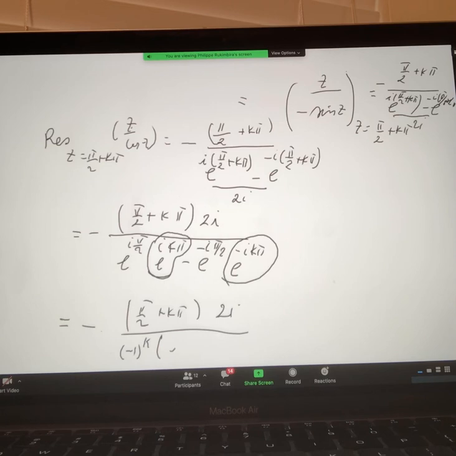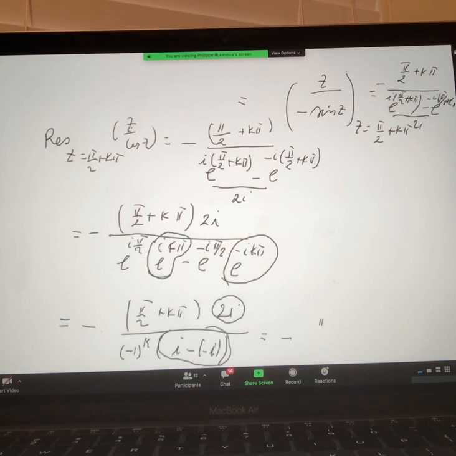It's a common factor. Now, e to the i pi half, what is that? We know what that is. It's just i. e to the minus i pi half is also negative i. So we got 2 i's, another 2 i's here, they simplify.